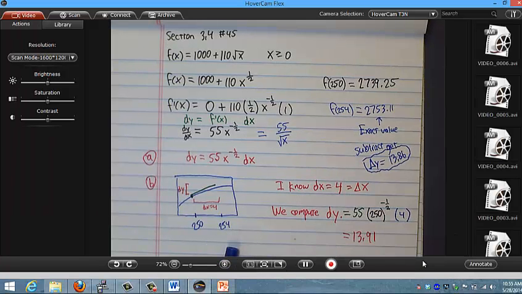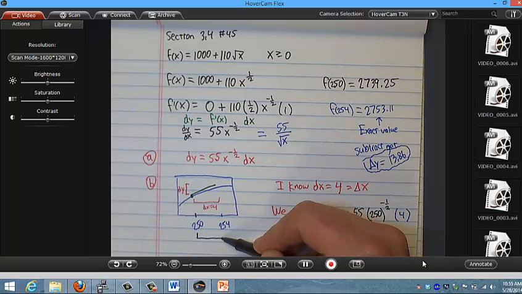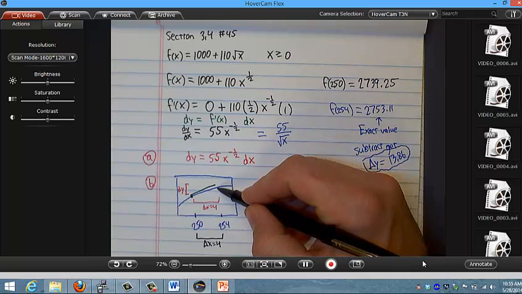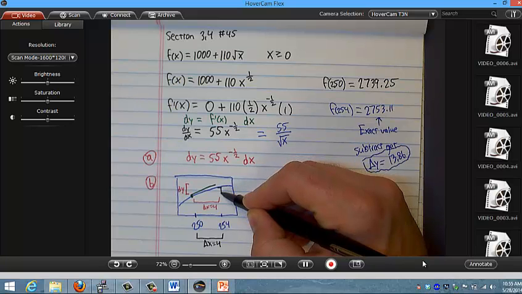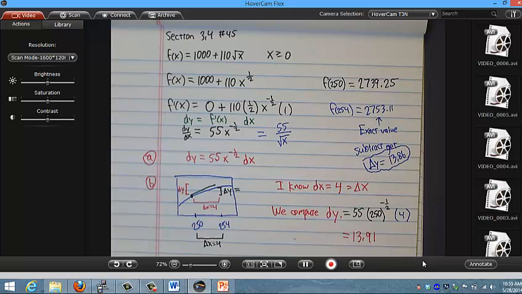Maybe I should just re-emphasize. Here, if I were to draw delta x or delta y, delta x also equals 4. Okay? But delta y does not equal dy. Delta y would be this much. Right? It's smaller than dy here.